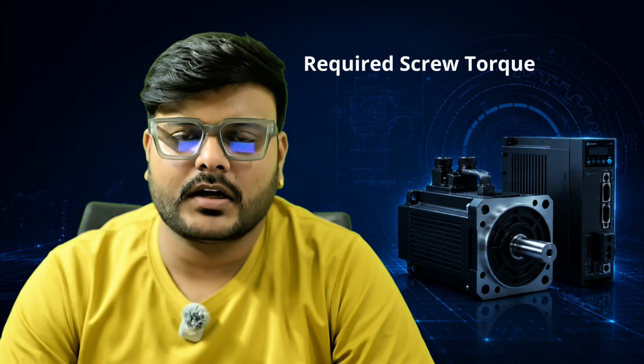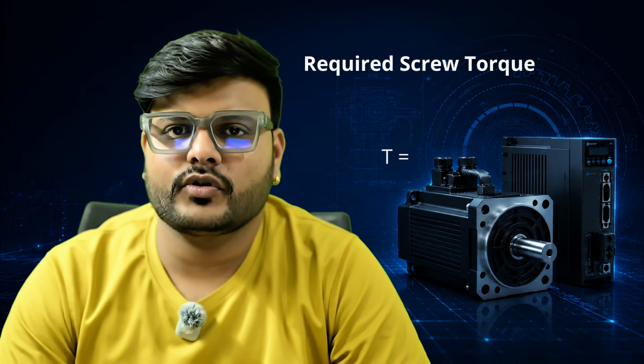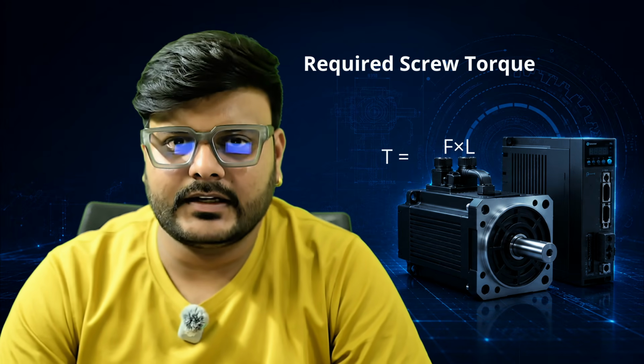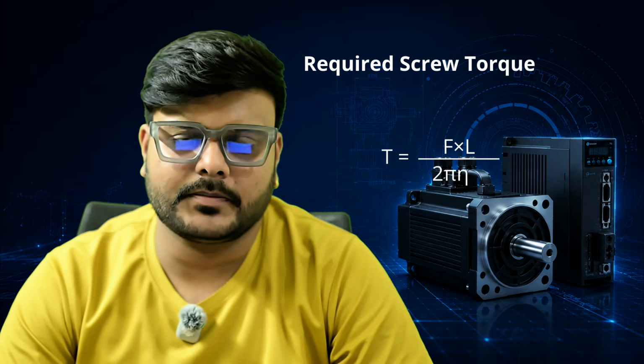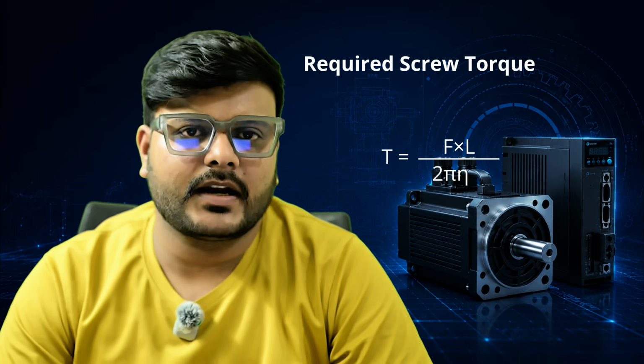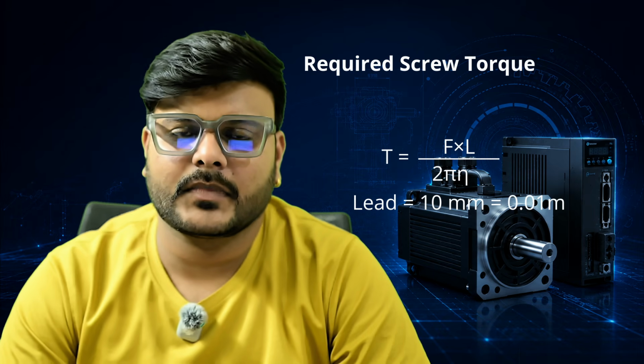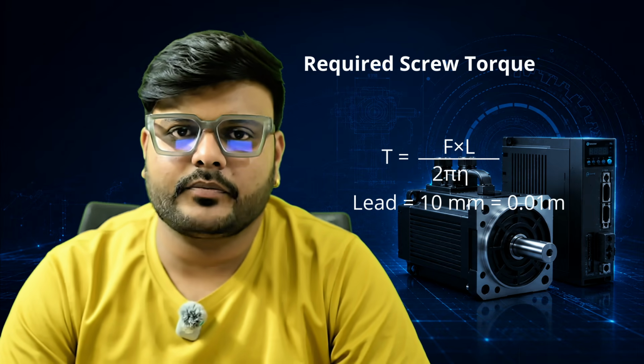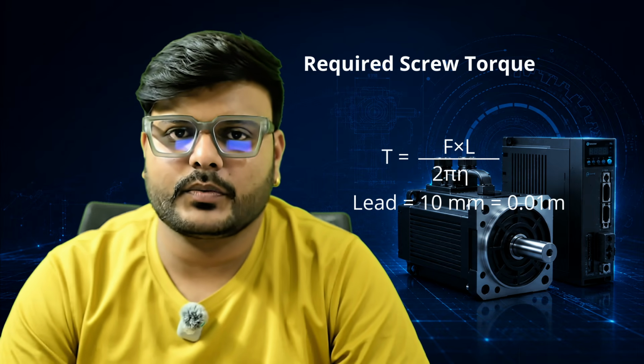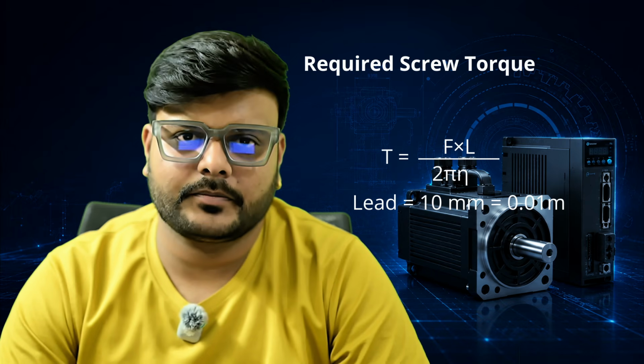Next, required screw torque. We know the formula torque equals force multiplied by L, meaning lead, divided by 2 pi n. We are considering 90% efficiency. First convert lead into meters. Our lead is 10 mm, so after converting into meters, we get 0.01 meter.